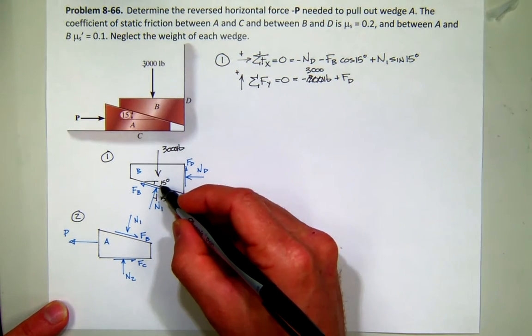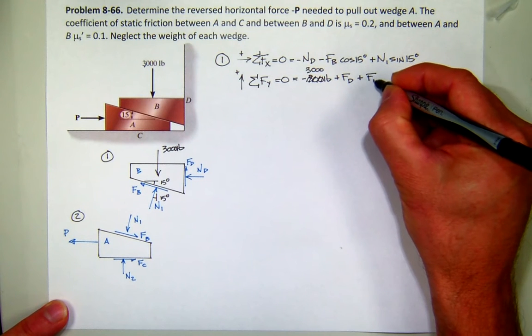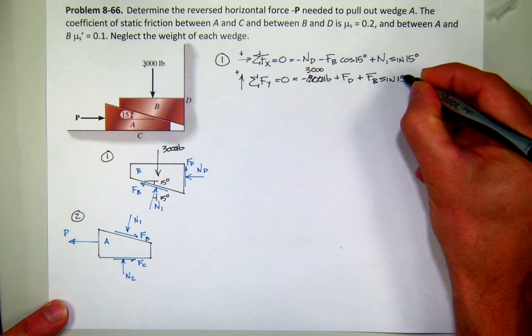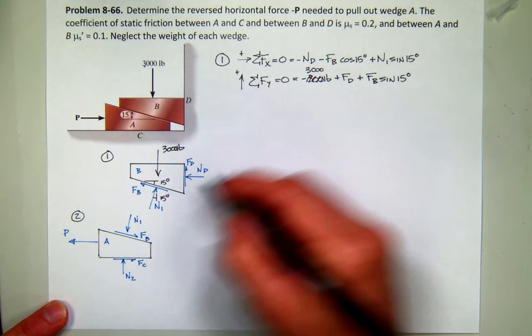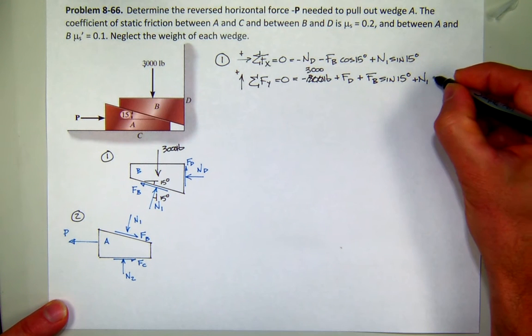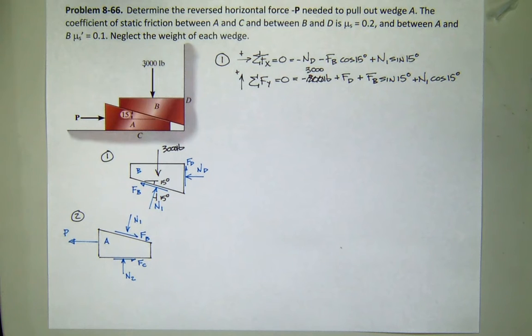So the friction component would be positive, and that would be the friction at B times the sine of 15. And then the normal component is also acting up, and that would be cosine 15. At first, that doesn't look very exciting.